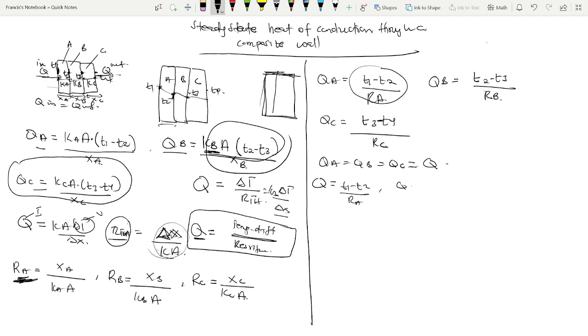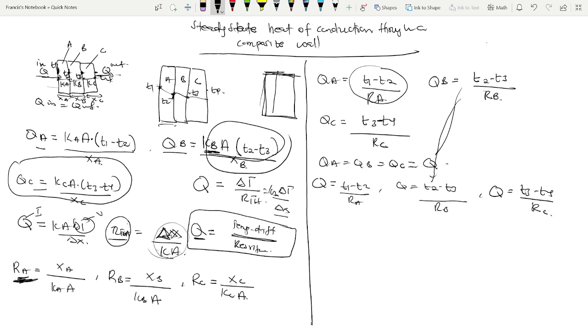For the B part, Q is equal to T2 minus T3 all over RB. And then the same Q will now be T3 minus T4 all over RC, right?